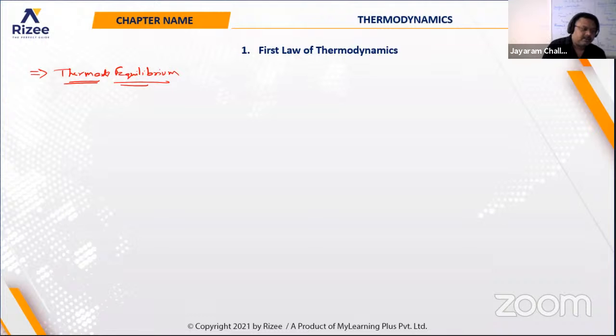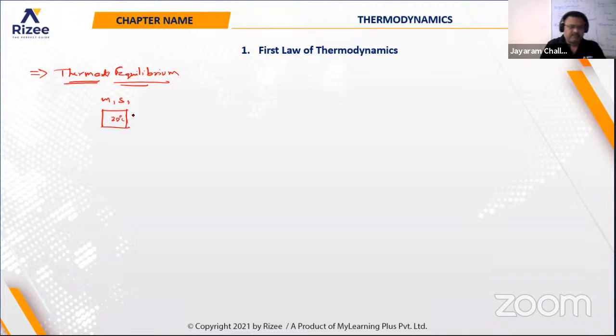For example, there are two blocks, or two cubes or two containers, where the mass is m1 and the specific heat is s1. The temperature of this one is around 30 degrees centigrade.